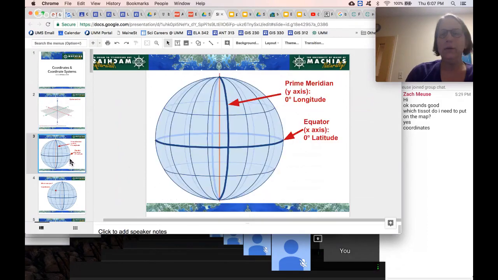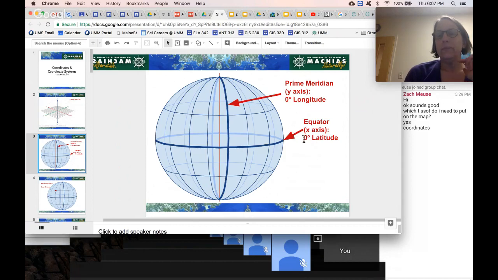And so we have those beginning reference points. The equator, that's this right here, is referred to as the x-axis, and that's known as 0 latitude.